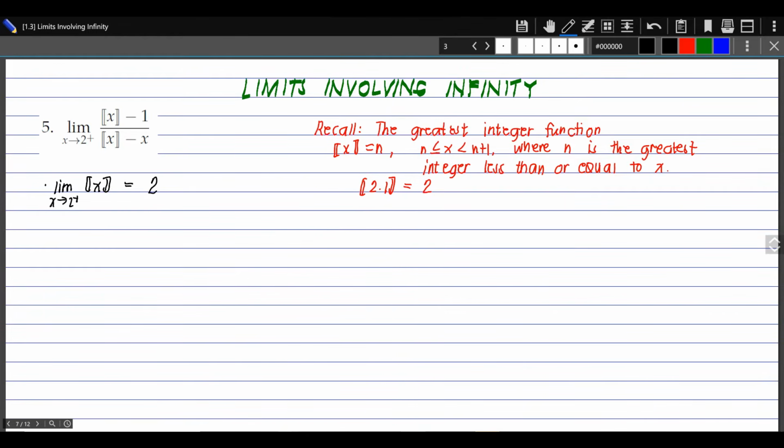Since the limit of the greatest integer function of x is 2, then the limit of the numerator is just 2 minus 1, or this is equal to 1. And the limit of the denominator is equal to 0.